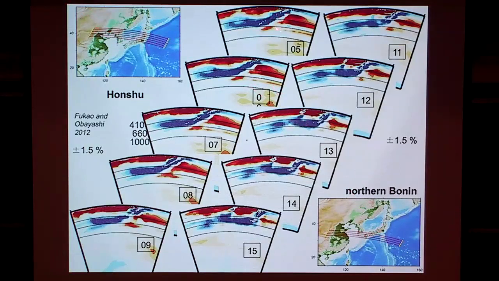The lines are 400, 600, and 1,000 kilometers, and the white dots are the earthquake locations. You can see the slab going down and ponding on the 660 kilometer discontinuity. Here you have two slabs, and they interact in some fashion.